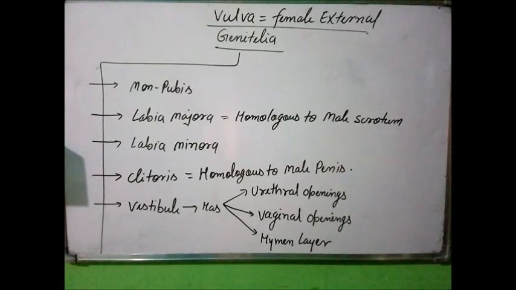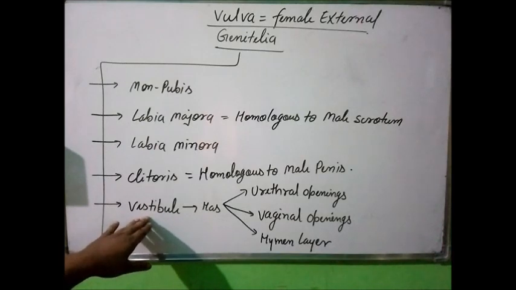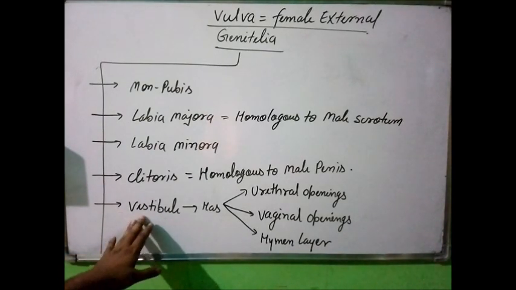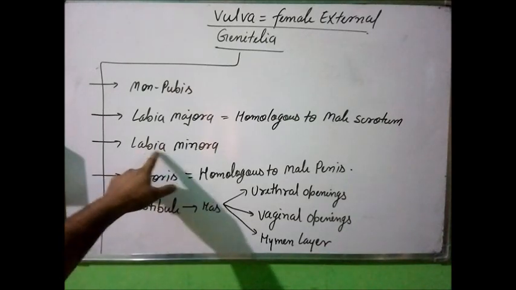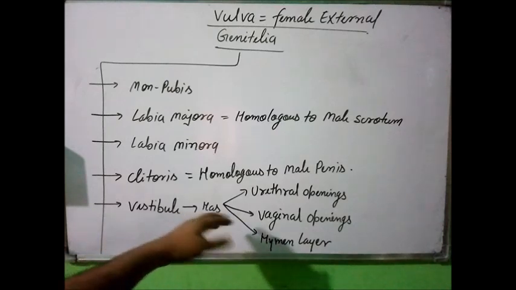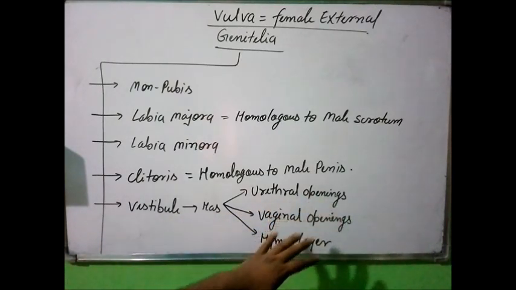Okay, and then we are having the vestibular part. Vestibule is what? This is the depression, or you can say the narrow space. Vestibule is nothing but narrow space present between the labia minora, and this narrow space is having opening of urethra. So urethral opening or urethral orifice is present.